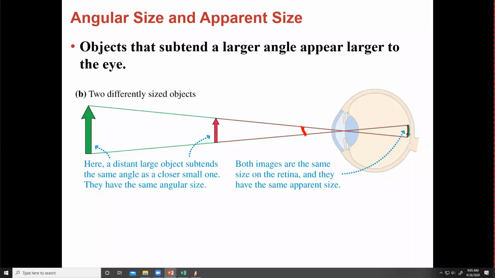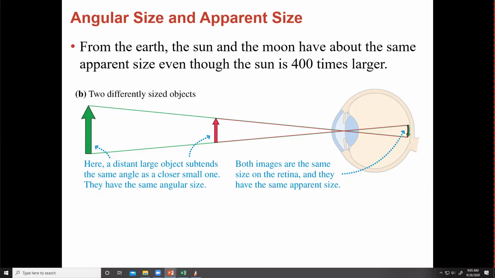If we look from the Earth, the Sun and the Moon appear to have the same apparent size, even though the Sun is 400 times bigger than the Moon, because the Sun and Moon subtend the same angle at our eyes.